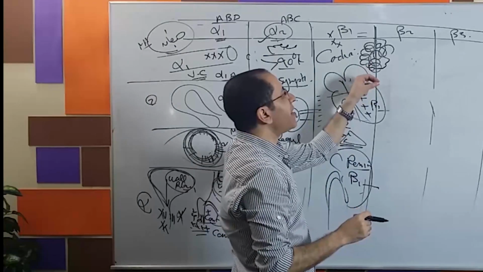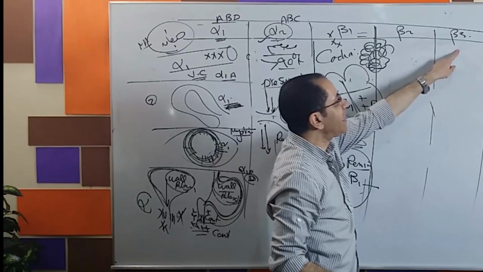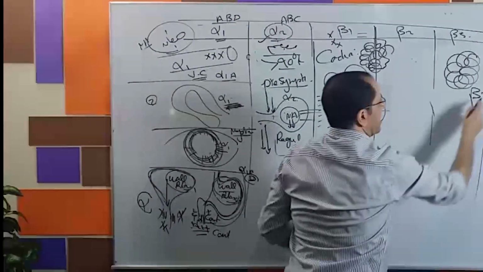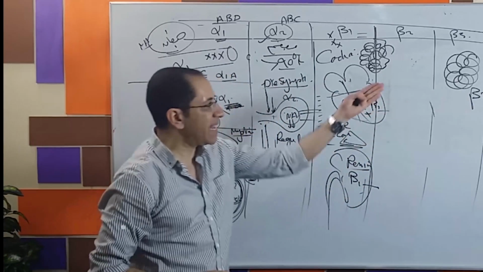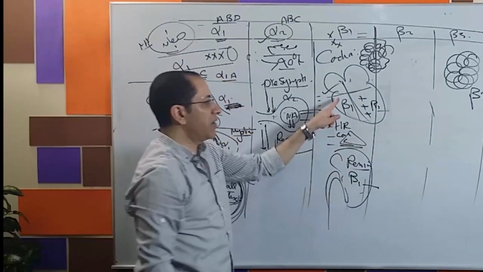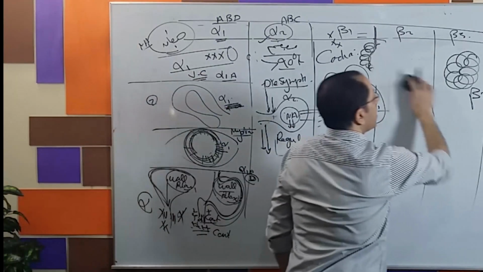But when we talk about adipocytes or fat cells, it's always the beta-3 that has the most of the effect there. It is their specialty. The playground of beta-3 is adipocytes. If beta-1 is mentioned, just don't forget it's present in the heart and in the kidney. This is all what I want you to know.